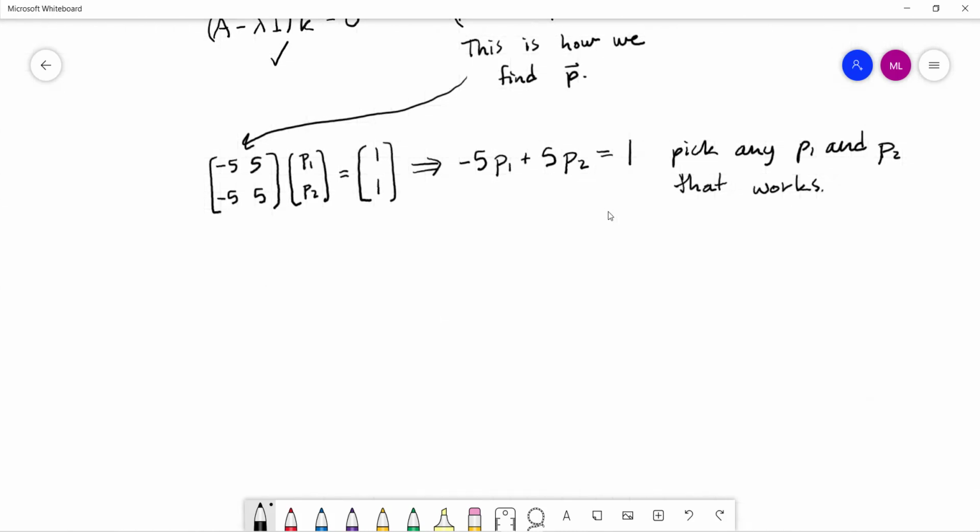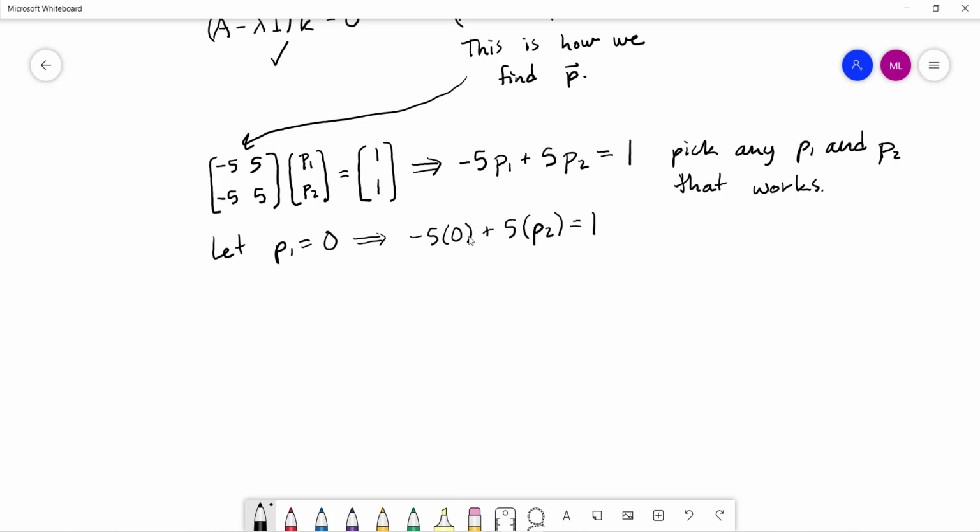So for us, to make life easy, pick one of them to be 0. So I'm going to let p1 be equal to 0, just because that's easy. If p1 is 0, then we'd get negative 5 times 0 plus 5 times p2 is equal to 1. And so what would make this true?